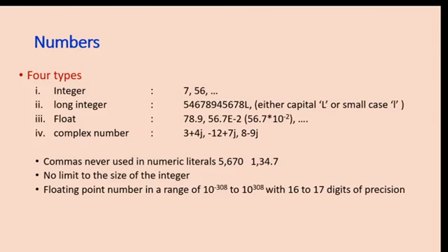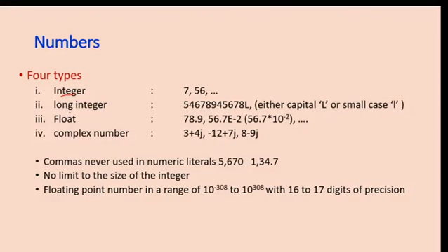And there are many standard data types in Python. First, numbers, followed by strings, and then we have list, tuple, dictionary, and set. These four data types are newly added in Python. First, we will see numbers. There are four types of numbers. First, we have integer, which stores values like 7, 56, 2, 24, likewise.